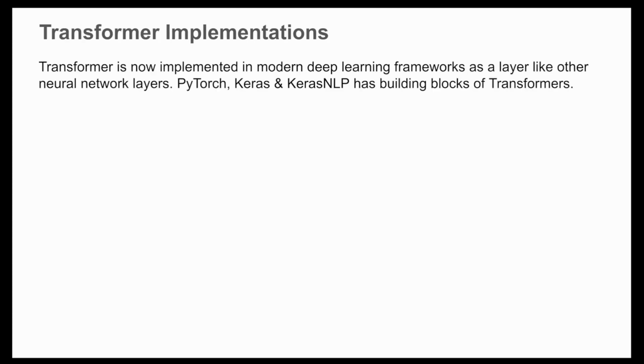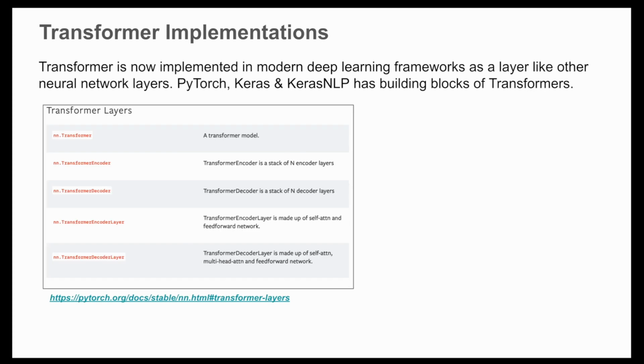So the transformer is now implemented in modern deep learning frameworks as a layer like other neural network layers. PyTorch and Keras NLP have building blocks of transformers. It used to be that to use a transformer, you usually had to implement it yourself. But today you don't need to implement it from scratch. You can just call it like other layers.